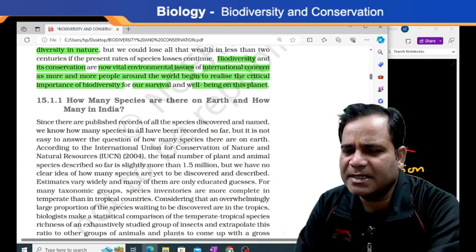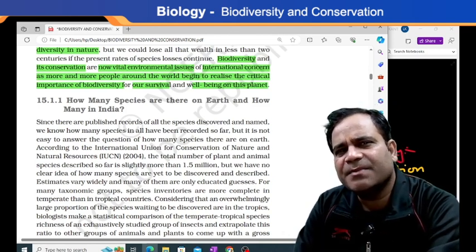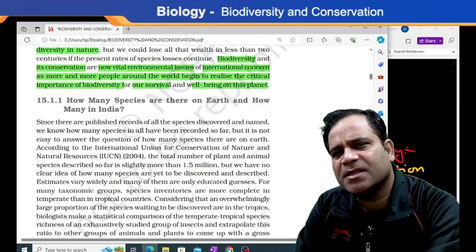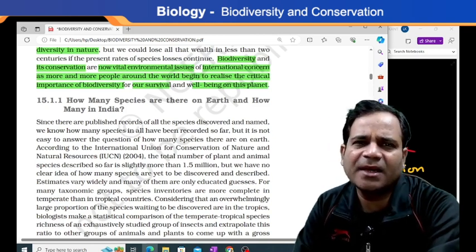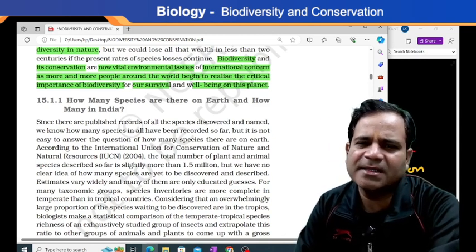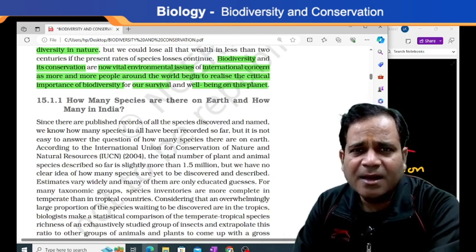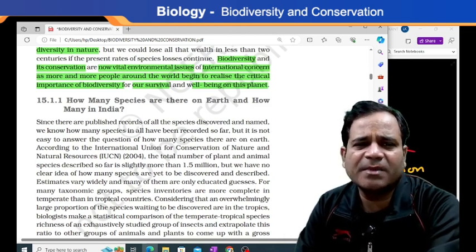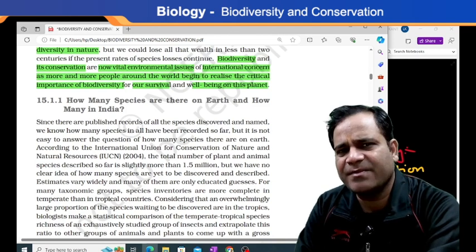So 8 to 10 million species on Earth, yet we have studied only 1.7 to 1.8 million species, my dear. But some data according to IUCN says 1.5 million species.